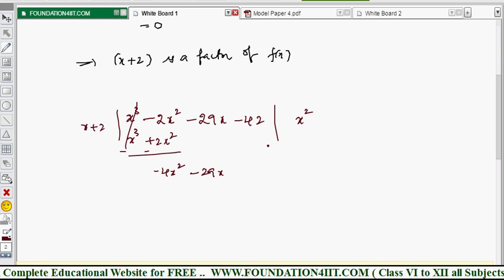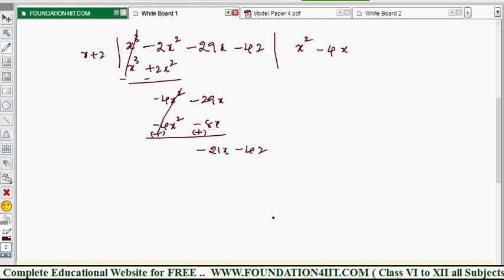So to get minus 4x square, you should multiply with minus 4x. Minus 4x into x is minus 4x square, and minus 4x into 2 is minus 8x. You just change the sign. Minus is plus, minus is plus, we cancel. Minus 29 plus 8 is minus 21x, and minus 42 is the next term, take it down.